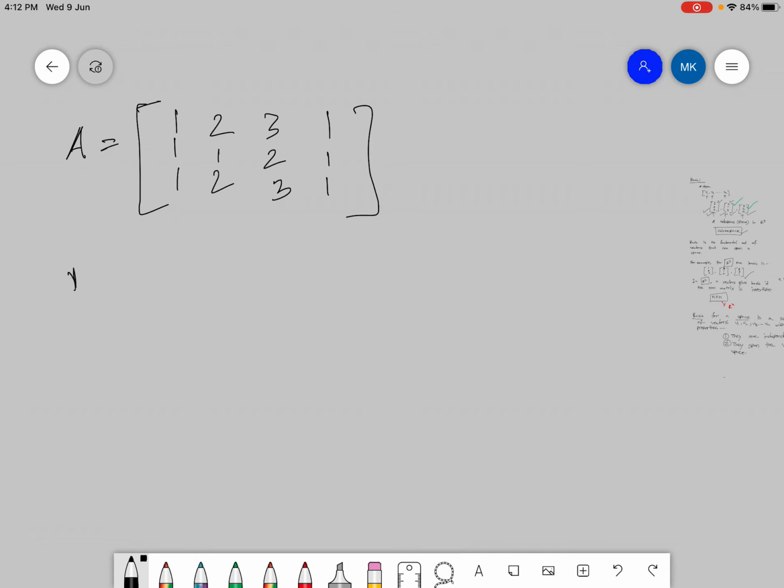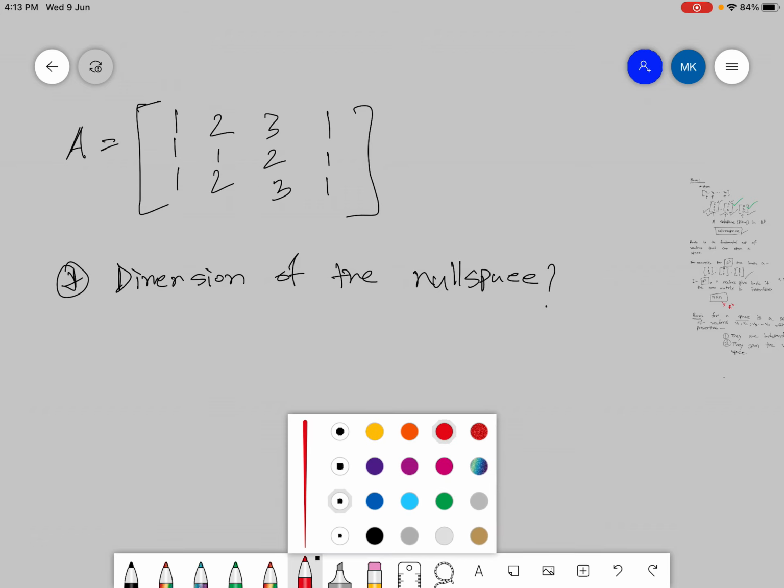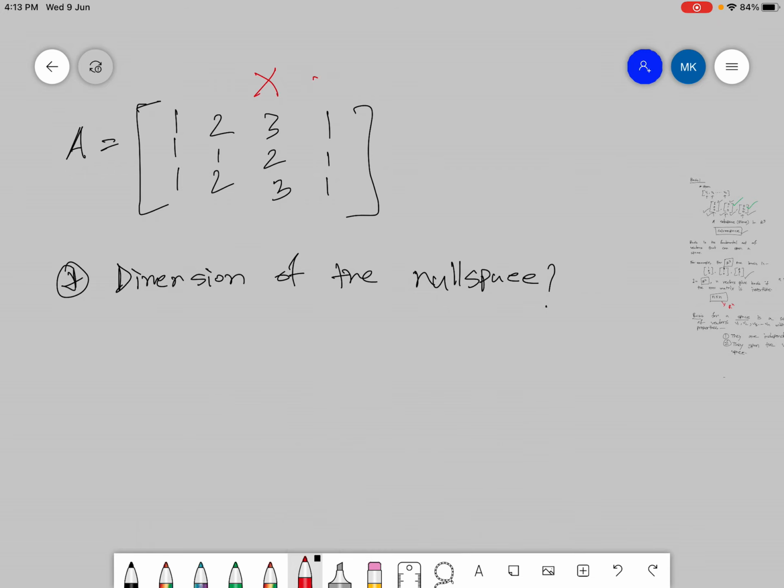So the last question is, what is the dimension of the null space? So you have to think about what creates the null space first. As you know, these two columns are free columns.